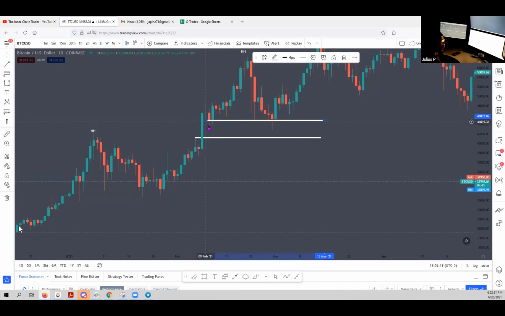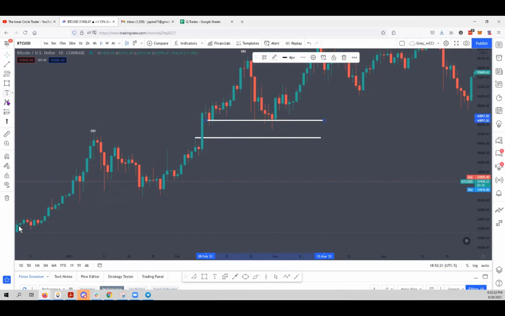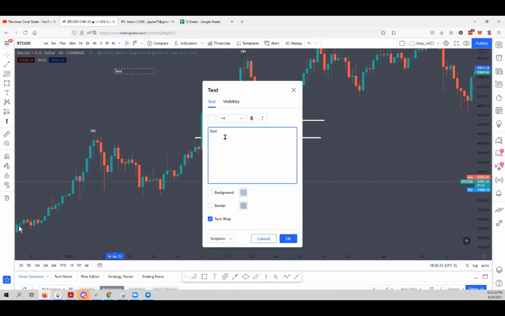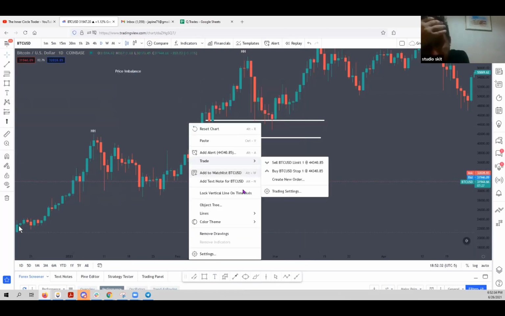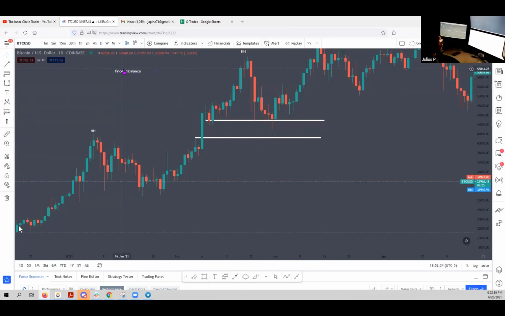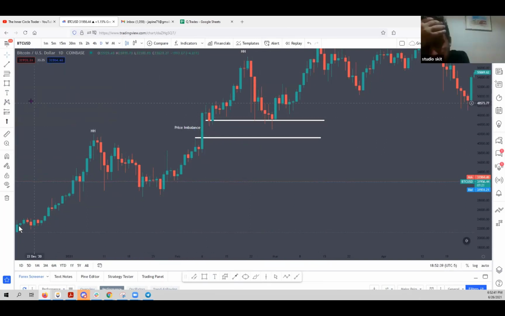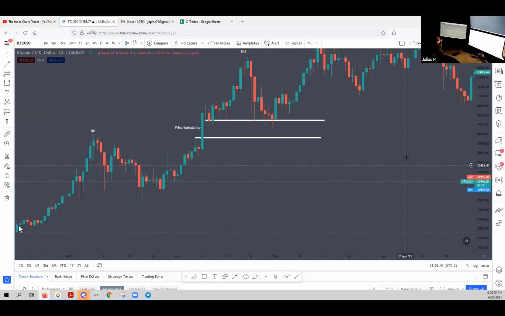This is called an imbalance. That's what that's called, price imbalance. You got that? Who got that wow moment? Philip? Yeah. This is the price imbalance. Okay, so you're going to find the price balance somewhere in the future, correct? Yeah, that's a price imbalance.